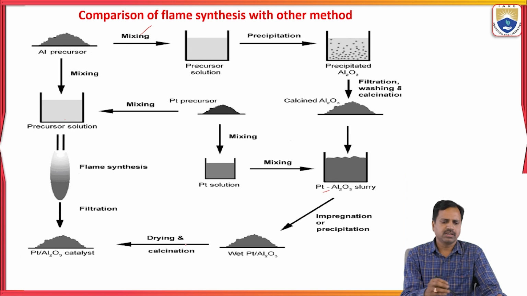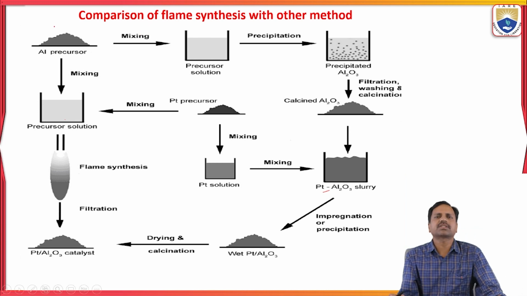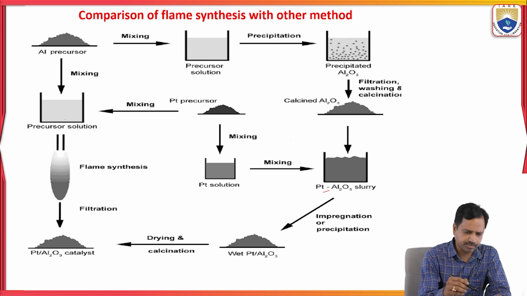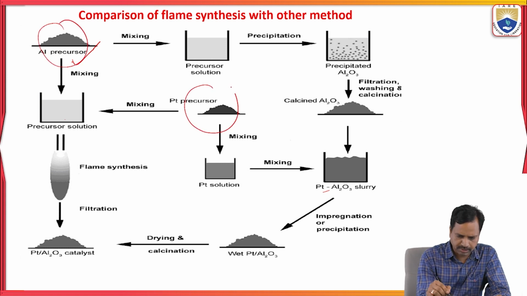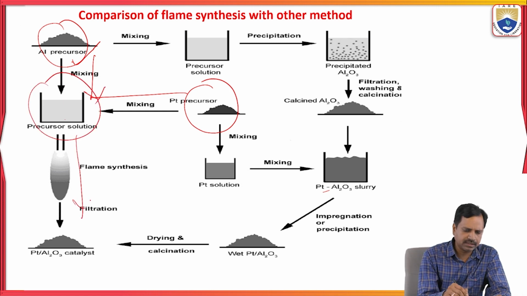So we can see the synthetic route method. You can see there are two methods. First I will discuss the flame synthesis method. First we'll take the aluminum precursor. This is an aluminum precursor. From this one we'll take the platinum, and both will be mixed in this precursor, and directly that will be sent.